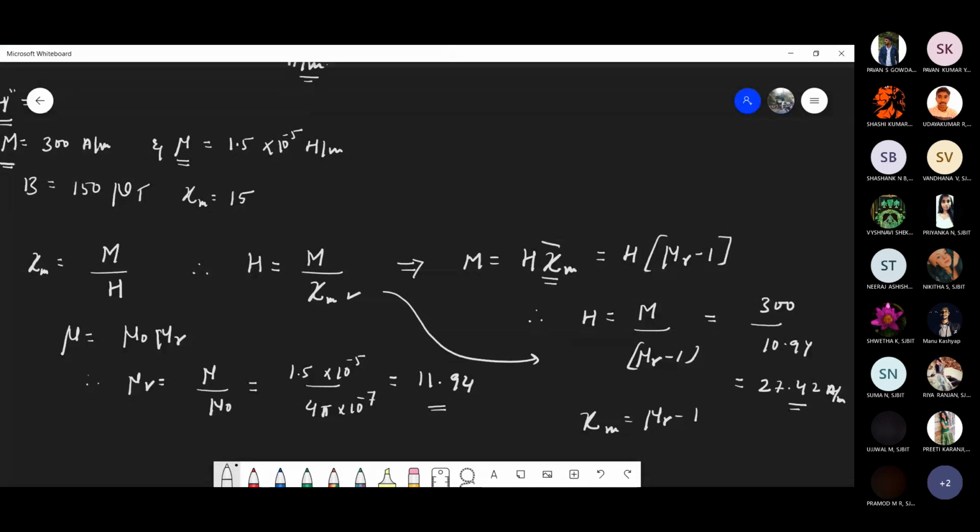So this psi m equation we knew. What was it earlier? 1 plus psi m equals mu r, which we have already derived, equal to mu by mu naught.